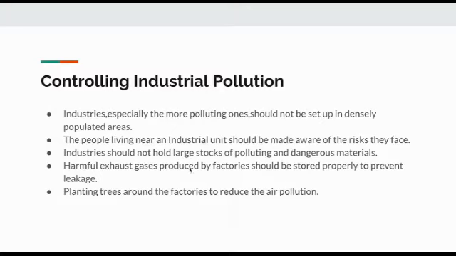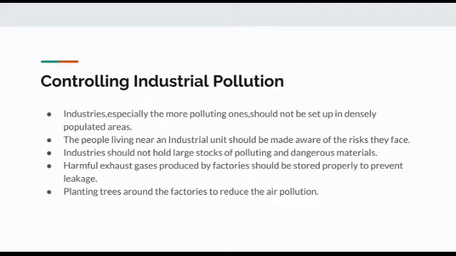And next one, industries should not hold large stocks of polluting and dangerous material. Normally for industry many things are needed. Some of the things are dangerous, some are polluting. So don't make too much stock, don't keep too much in the factory.